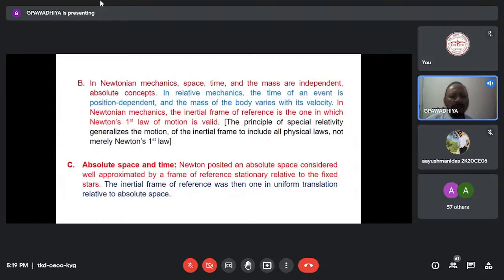The inertial frame of reference was then one in uniform translation relative to the absolute space. So if we define the fixed stars position, absolute space, then the inertial frame of reference was in uniform motion. Uniform motion means motion with constant velocity.